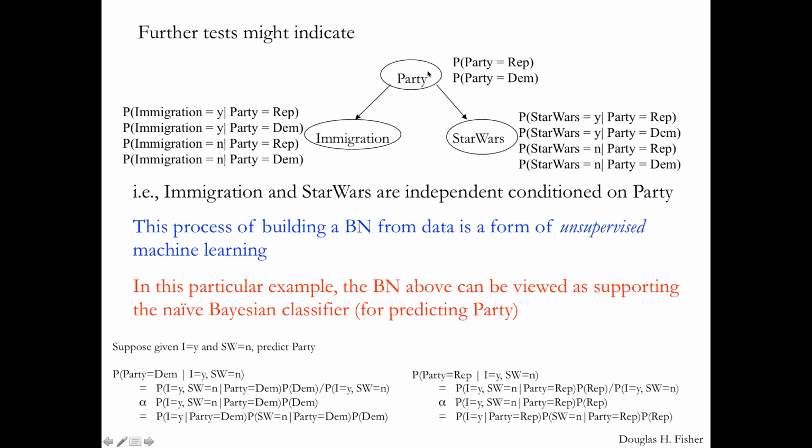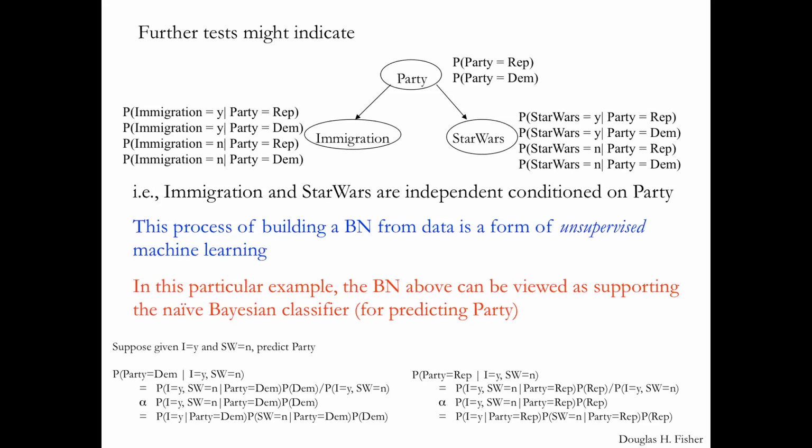That is, if I know the party, I can tell you with high confidence what the vote on Star Wars is, and knowing the party, I can tell you with high confidence what the immigration vote is. Now, this is probably not exactly right, okay? There might be an argument for drawing a link between these two because there are different kinds of Democrats, there are different kinds of conservatives.